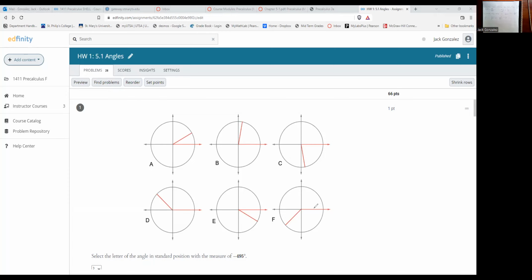If it was a positive 360, you'd go here all the way to here. If it's a negative 360, then you go all the way back in this direction. Since it's a negative 495, that means it went all the way around in the negative direction and then a little bit. So all we really need to figure out is how much more this is than negative 360.